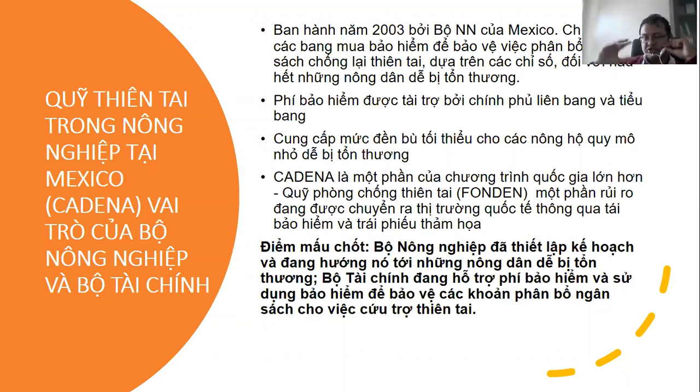So as was mentioned earlier, sometimes insurance and disaster relief can almost contradict each other, or there could be a conflict between each other in a way. In other words, farmers might be waiting for disaster relief rather than purchasing insurance.